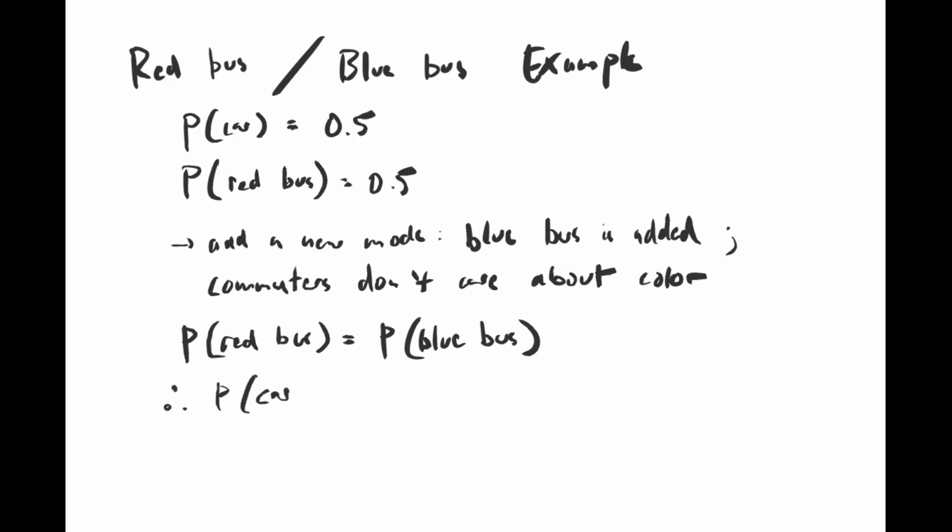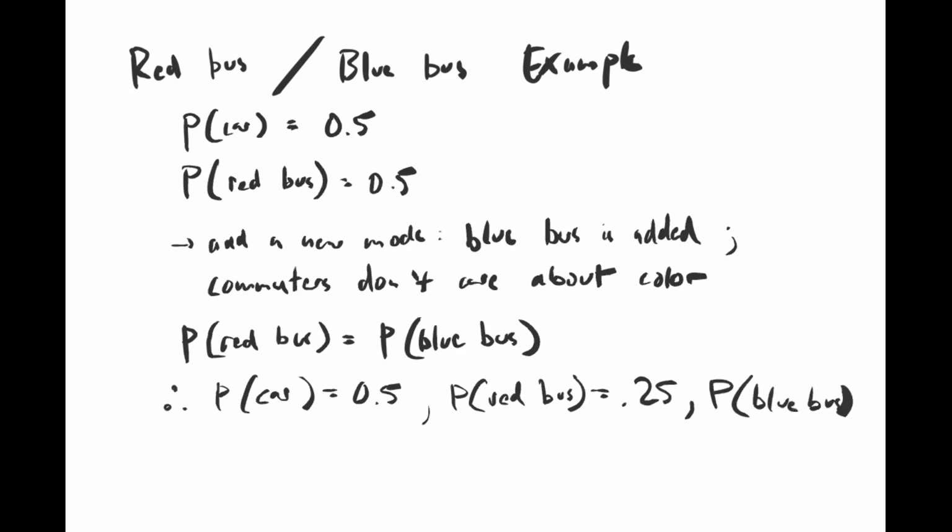You would want the probability of the car to equal 0.5, the probability of the red bus to be 0.25, and the probability of the blue bus to equal 0.25. Hopefully this makes sense, right? I'm essentially taking my car probability, and that stays the same, and then my bus is getting split into two, where you don't really care whether you take the blue bus or the red bus.